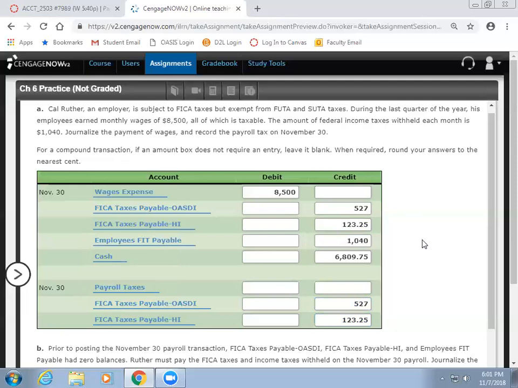So to get my debit amount there, it's just the sum of those two. I just need to add these two up to figure out my total payroll tax. Very good, $650.25.